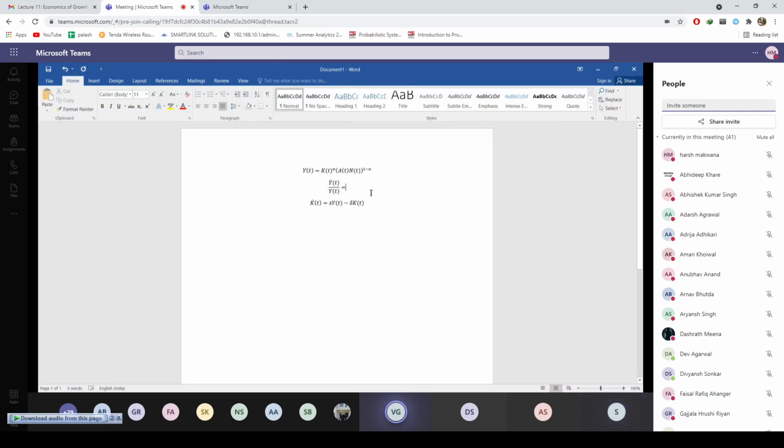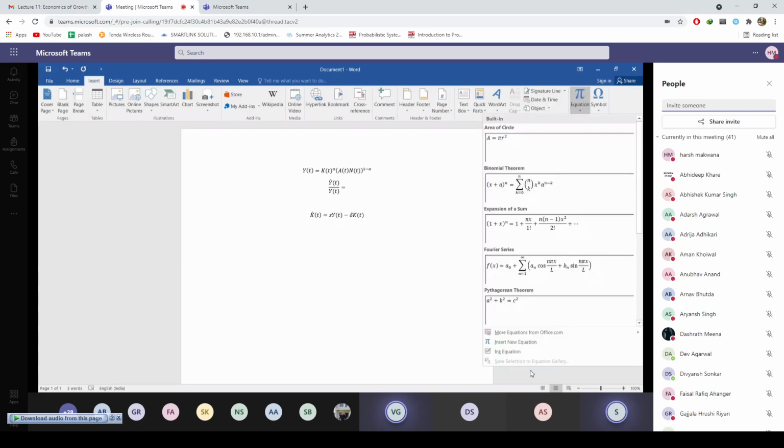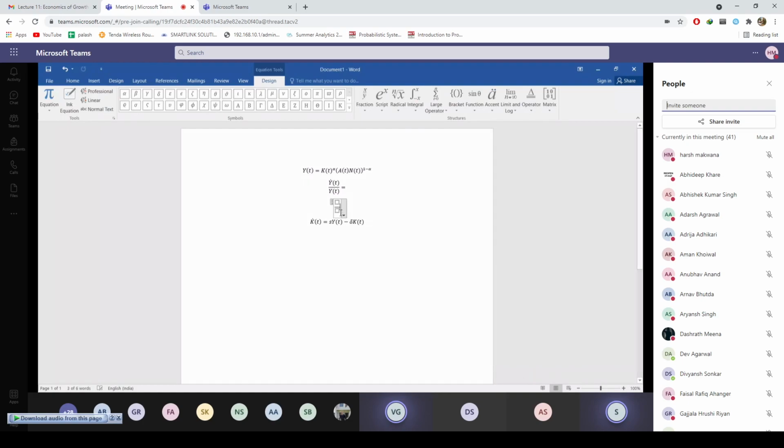And you also have to give me this, that is physical output and per capita output. So the first one is G plus and the second one is G.